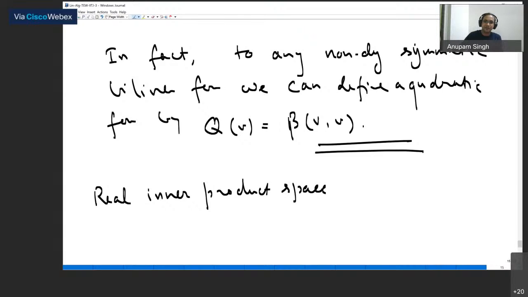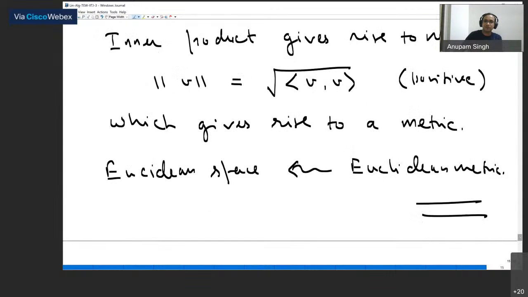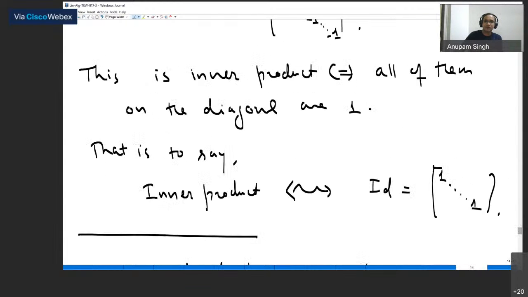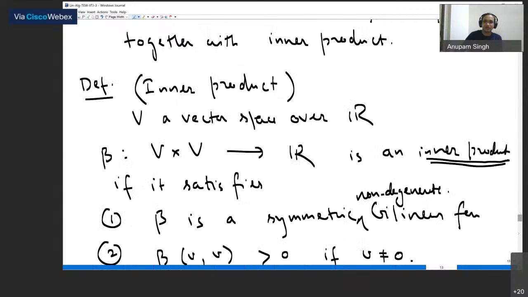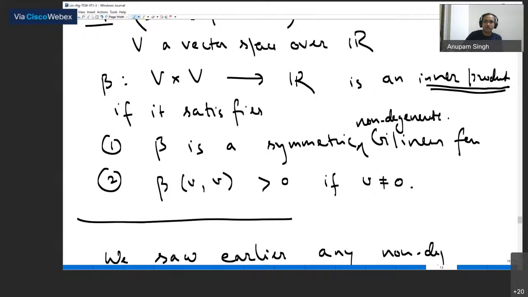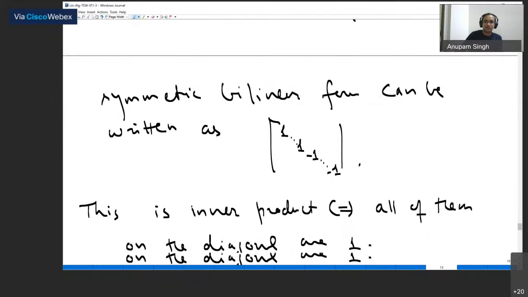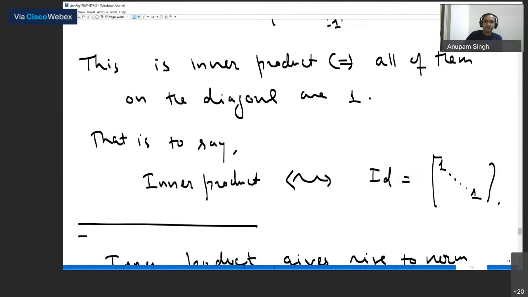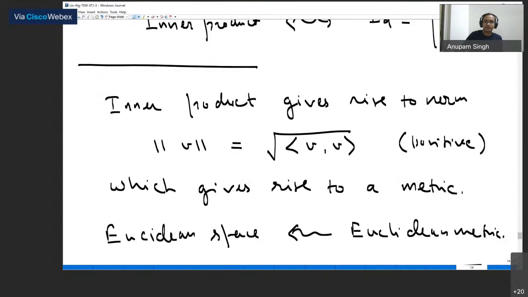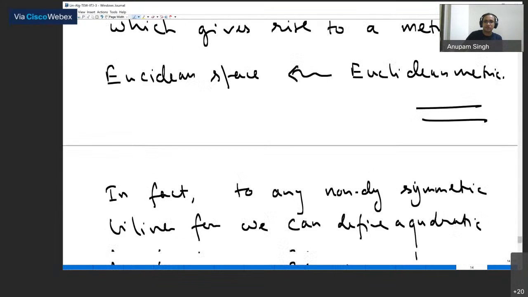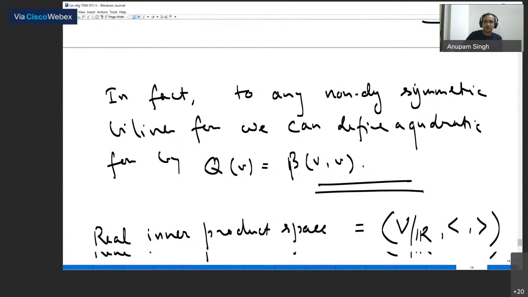This will mean that I'm working with a vector space V, which is over R, with an inner product. This inner product is basically going to be the beta here, which I defined here. So this beta will be given a new notation, this kind of symbol, which I am going to write now, because this is the traditional symbol for inner product.